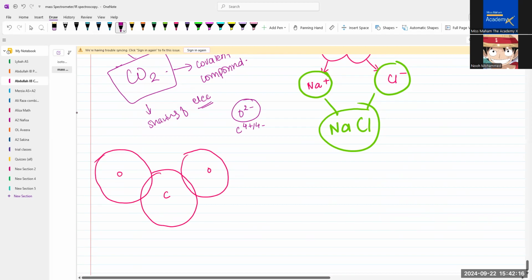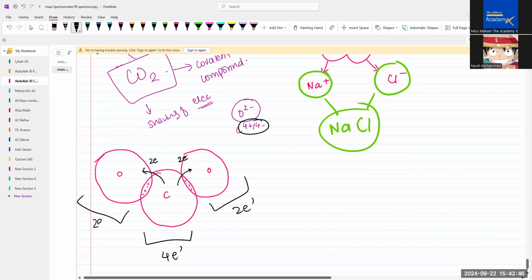So carbon gives two electrons to one oxygen, and carbon gives two electrons to another oxygen. So carbon shared two electrons with this one and two electrons with this one. And in total, carbon could share 4 electrons, right? So it's a win-win situation for carbon, because carbon wanted to share 4 electrons, one oxygen wanted to share 2 electrons, and the other oxygen also wanted to share 2 electrons. So in this case, they are sharing electrons.